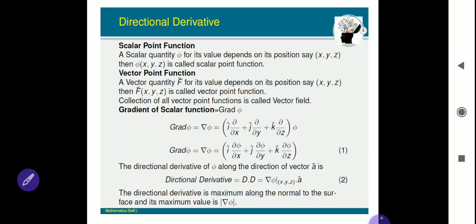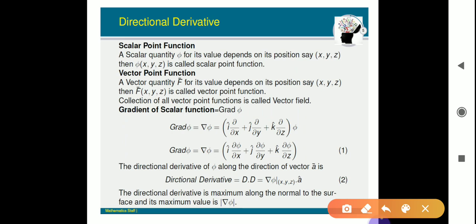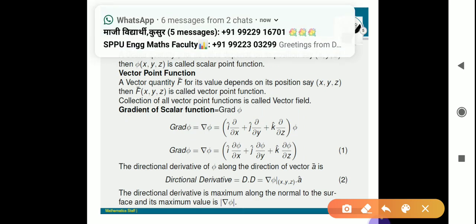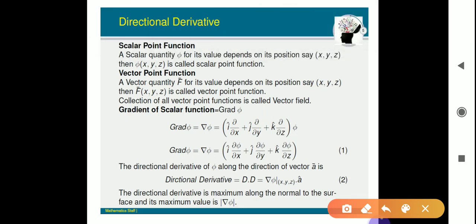Now after getting the gradient of phi, from it we can define the directional derivative. So how do we find the directional derivative? The directional derivative of phi, DD, is equal to del phi dot a cap. What is this a cap?